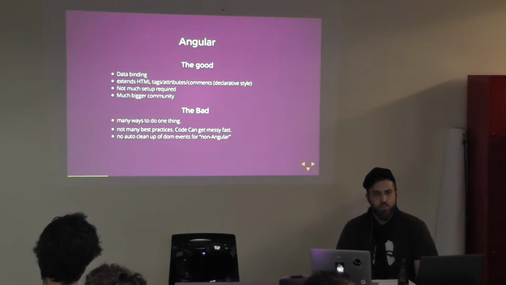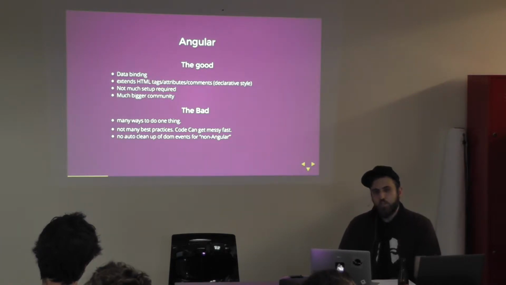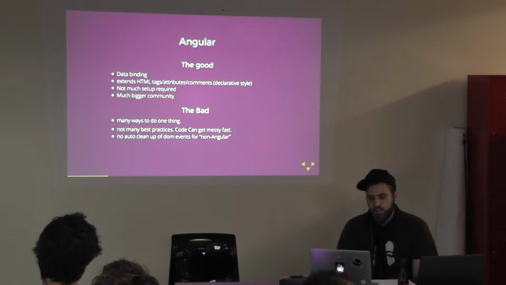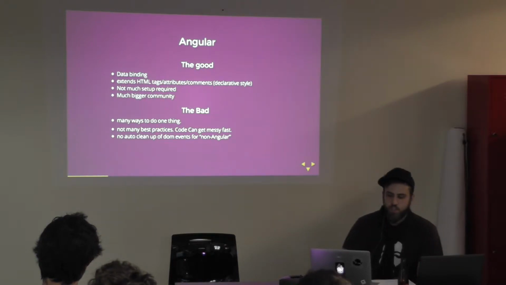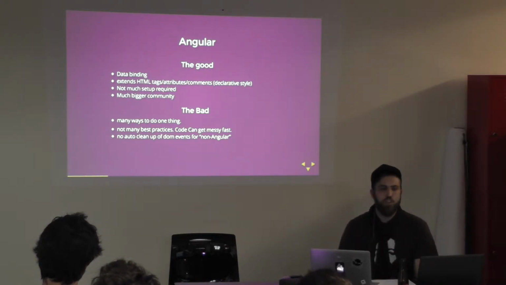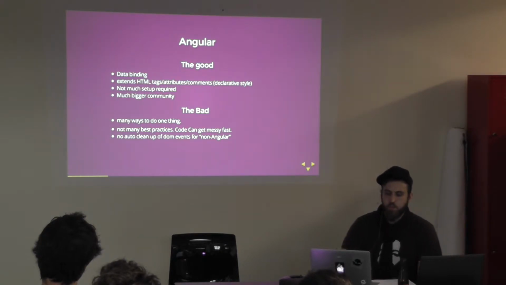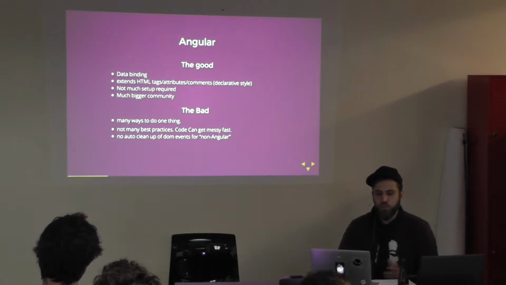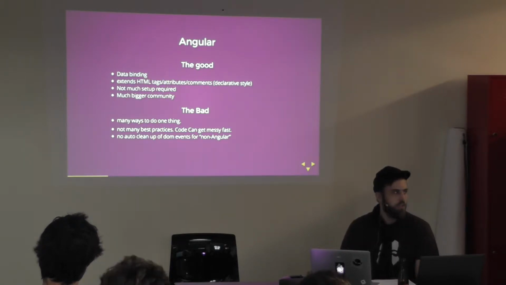Sadly, I would like to see that grow a bit, especially in Brussels. And there's an Ember meetup, by the way. The bad thing is that there are many ways to do things. Not so many best practices, and then your code can get messy very fast. And maybe now, but last time I checked, there was no auto cleanup of dummy events for non-Angular code, for example.